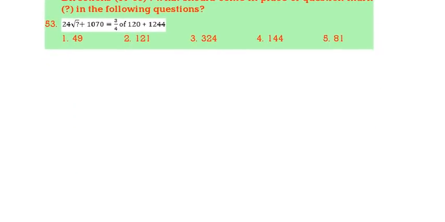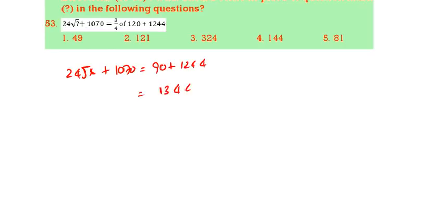Next question, 53. 24 root x plus 1070 is equal to 90 plus 1244. That is 1344. This 1070, if it goes to other side, it becomes minus.